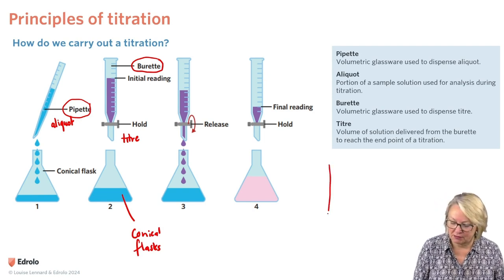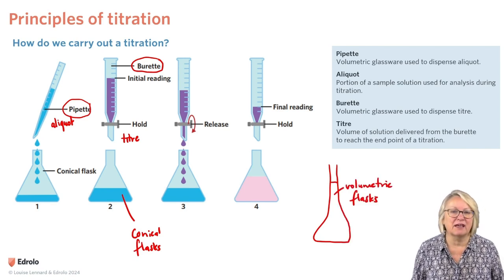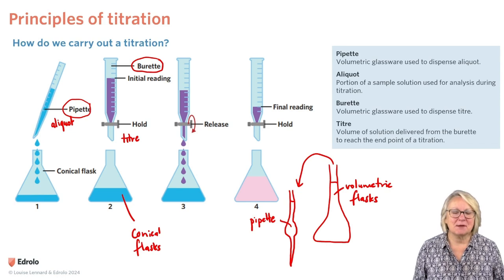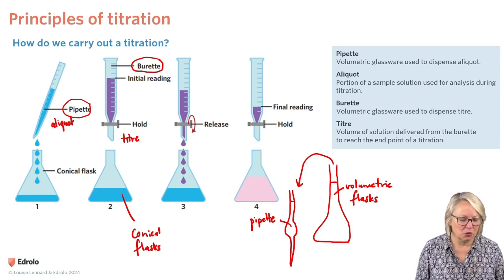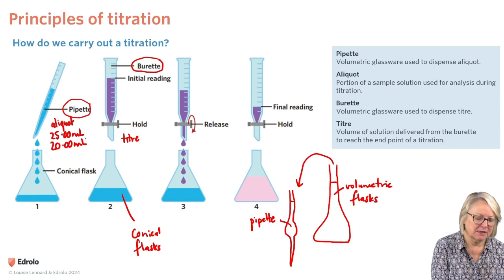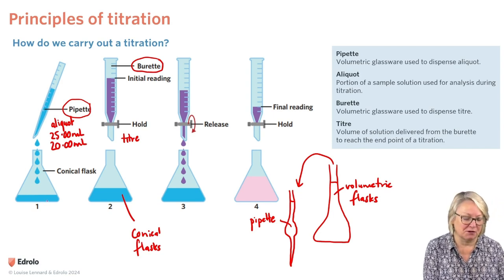And we also have sometimes volumetric flasks, which are often used for dilutions, where an aliquot from a pipette is taken for dilutions. Okay, so the steps in a titration: an aliquot, often 25.00 mL or 20.00 mL, is taken of a solution which is added to a conical flask.